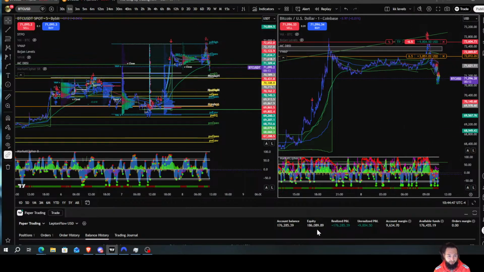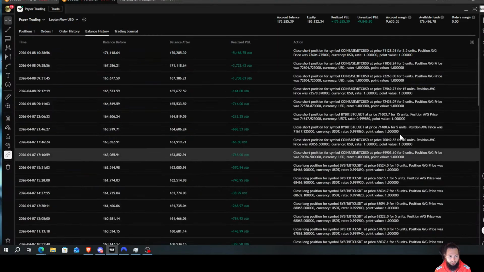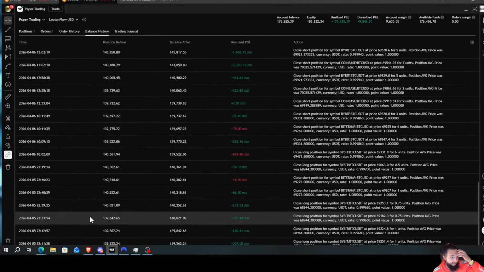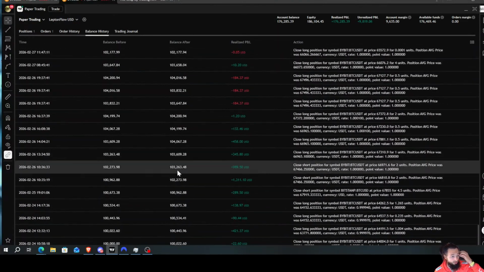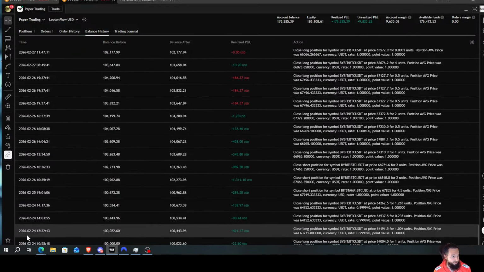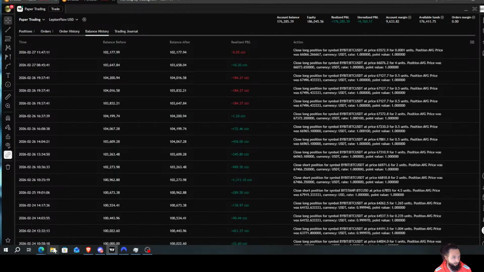Overall, you can see like this account right here that I have. Look, I'll even show y'all because I know you might not believe me. I started this account, and let me scroll all the way down to the bottom for you. Right here is the first day. You see this bar won't go any further down. I started this account with $100,000 back on February 24th.